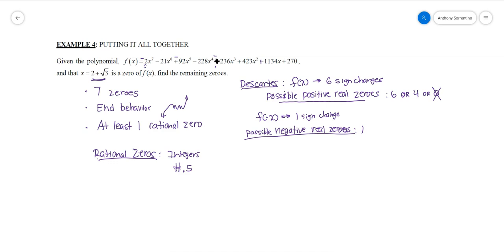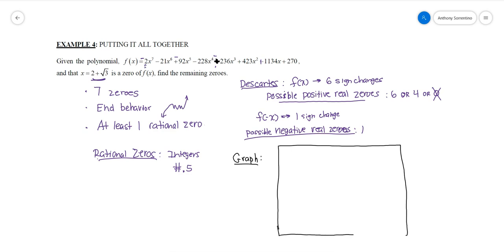Now, what I also chose to do at this point is a quick graph. You're not going to be given many of these that are degree 7. I wanted to include one that had a little bit of everything in it.